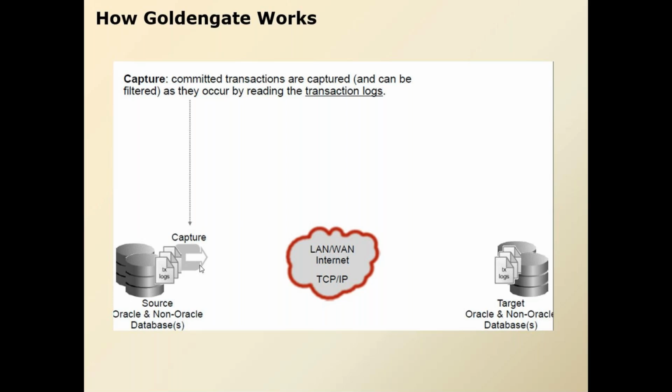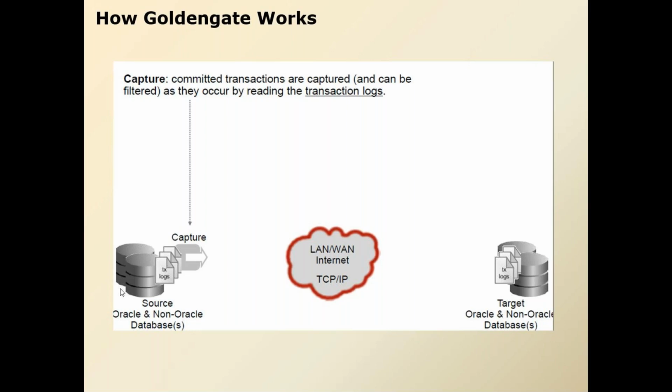They are used interchangeably. So you have the GoldenGate capture process, which reads the data from the transaction logs of the database and captures only committed transactions. Guys, you remember I mentioned that your transaction logs contain committed as well as uncommitted transactions.